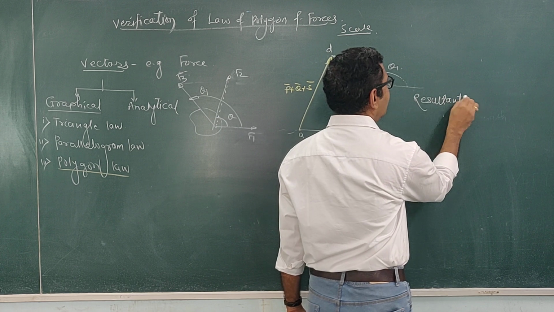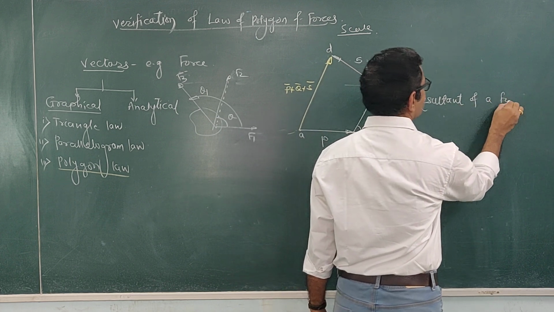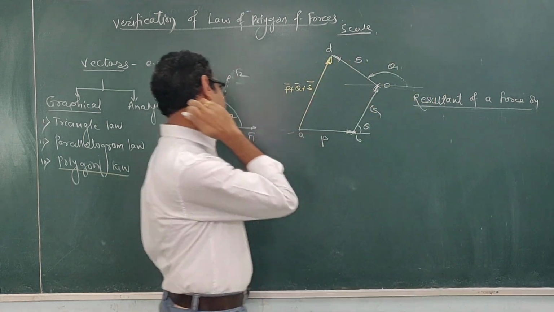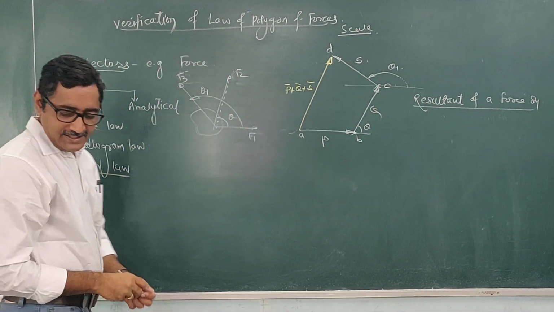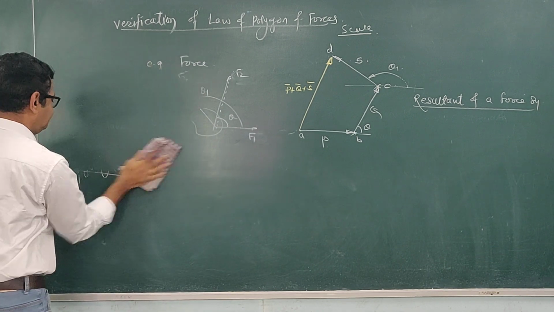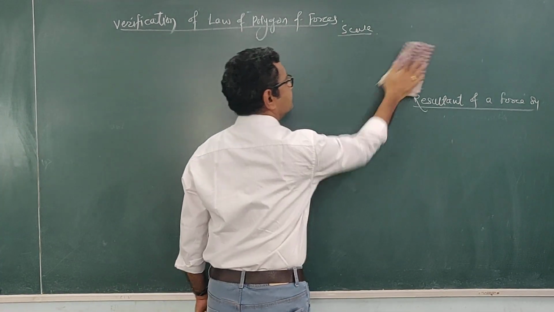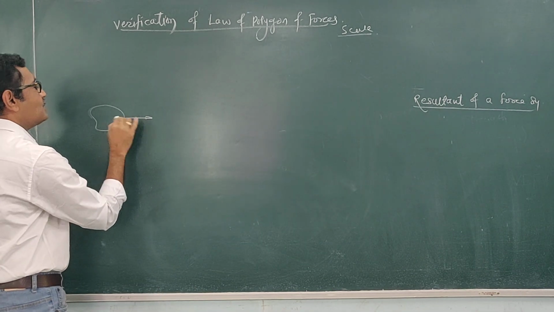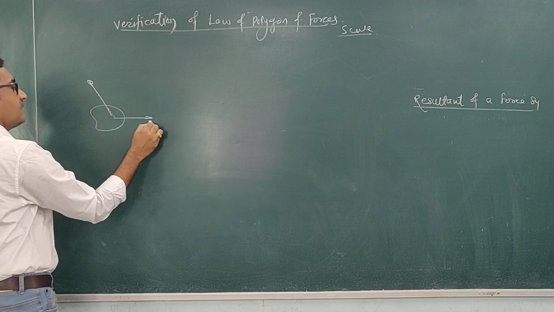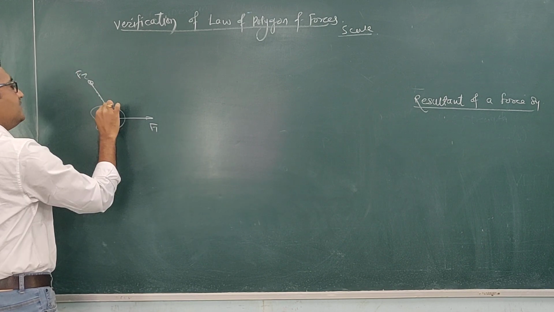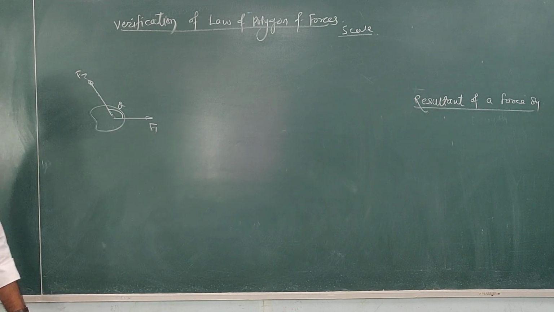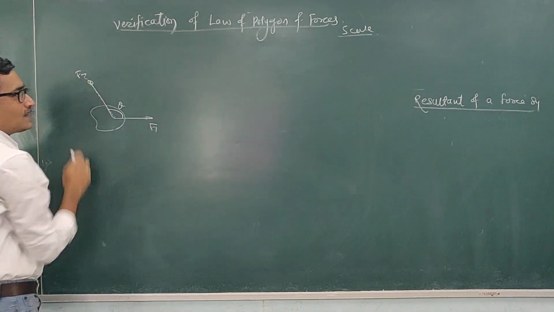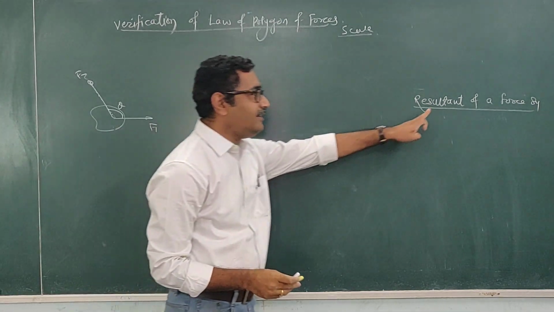What is meant by the resultant of a force system? Consider this is one body on which these two forces are acting, F1 and F2, with an angle theta between them. The resultant of this force system is defined as a single equivalent force.